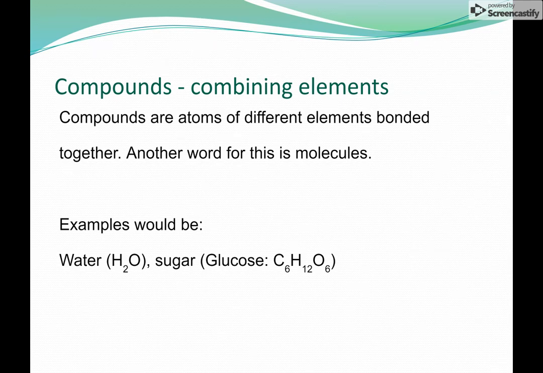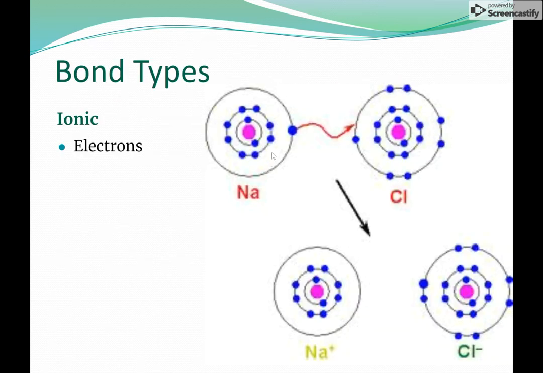So compounds and molecules are when atoms of different elements are bonded together. There are two types of ways to make compounds. There's an ionic bond, and the ionic bond is where we have the electrons moving between the two elements.